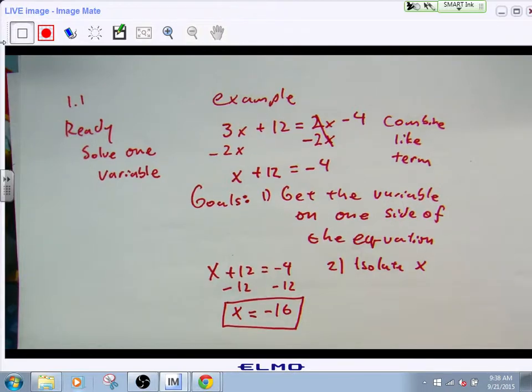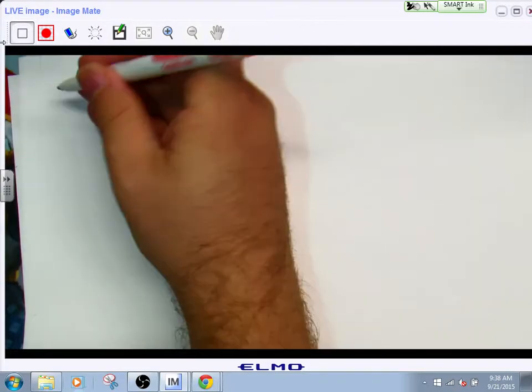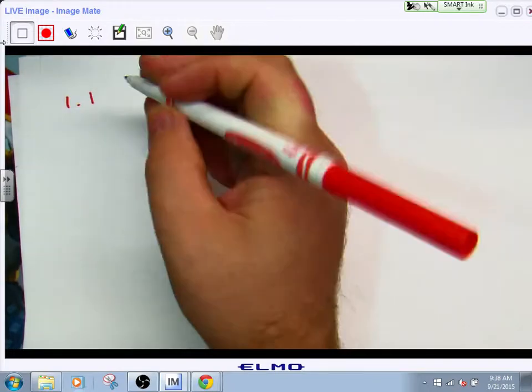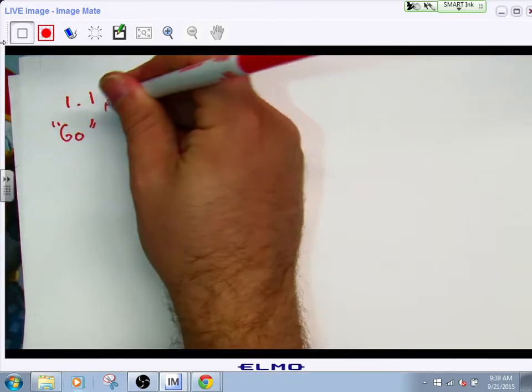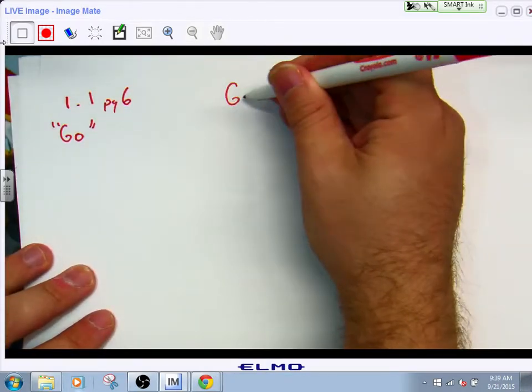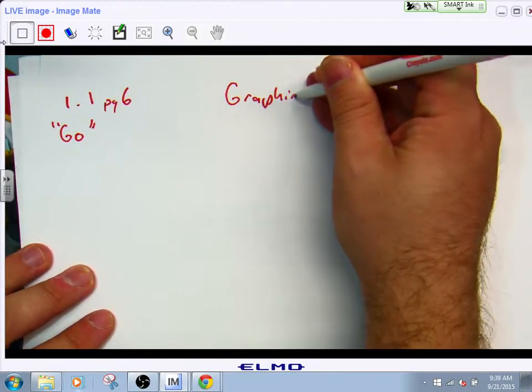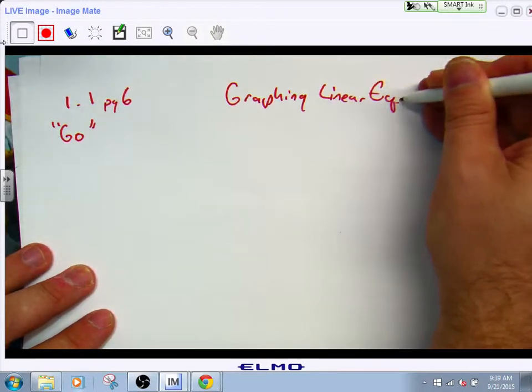The next thing I want to talk about is that if you turn the page in your homework and you go to the Go section, so we're still on 1.1, but now we're on the Go, and this is page 6 in the homework. You'll see that the topic for this one is going to be graphing linear equations.